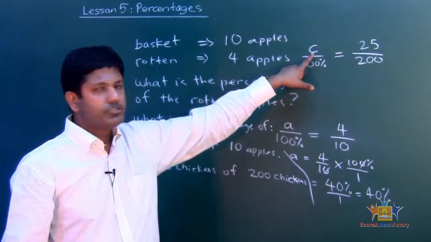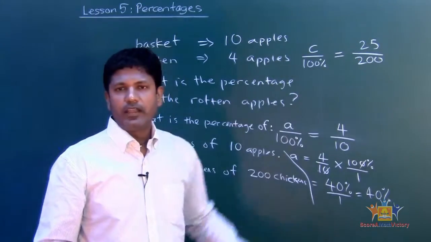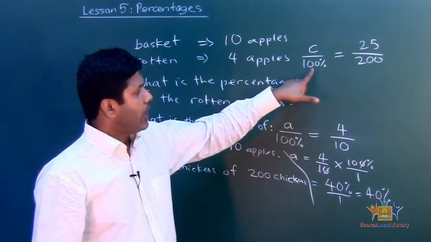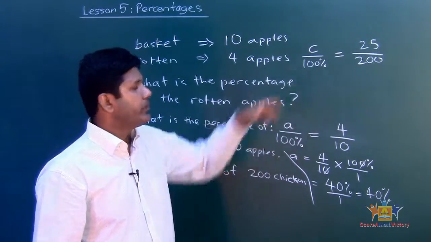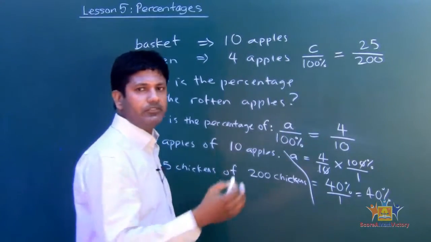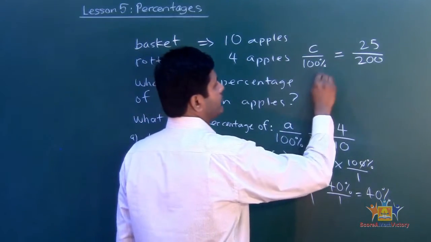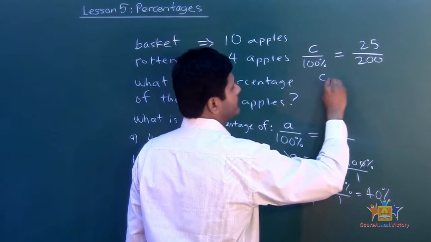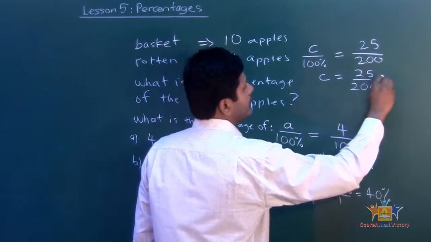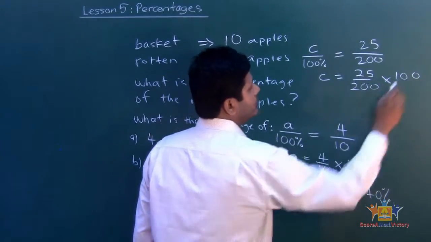C, the percentage of the 25 chickens out of the 200 chickens. So 100% has to go. What is 100% doing to C? It's dividing. Cross the bridge, so it becomes multiplication. So I'm going to bring that across, so it becomes C equals 25 over 200 times 100.